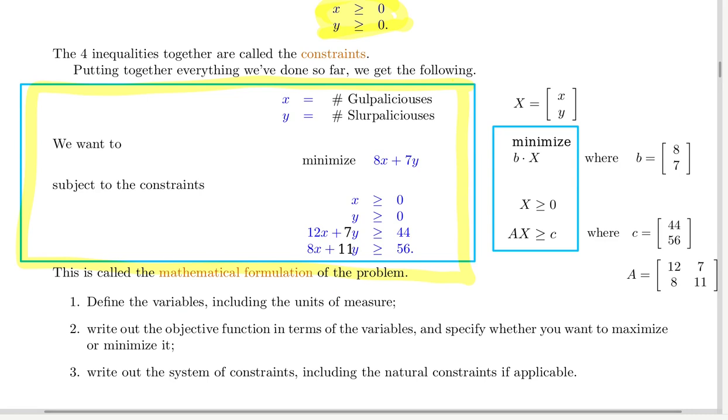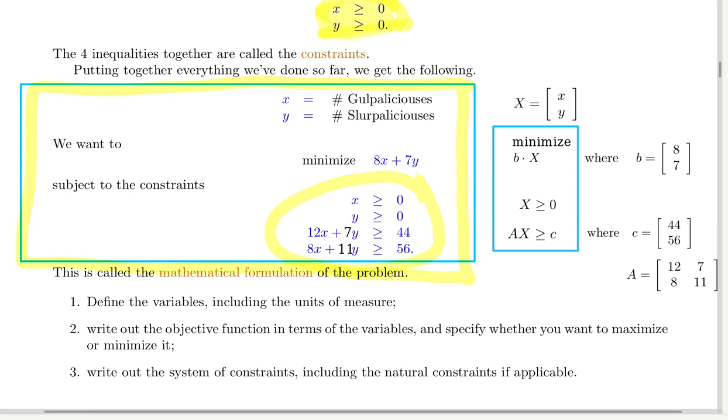We've converted that paragraph of words about taking kids to see Ice Age 4 into mathematics at this point. So we've got the variables, the objective function, and the system of constraints. It's a system in the sense that all the constraints have to be satisfied simultaneously by the variables, right?